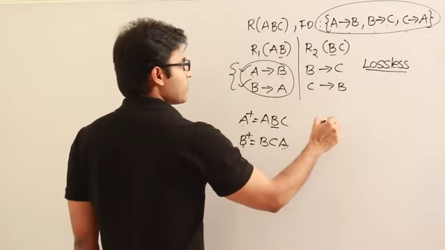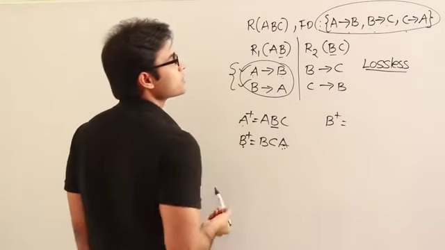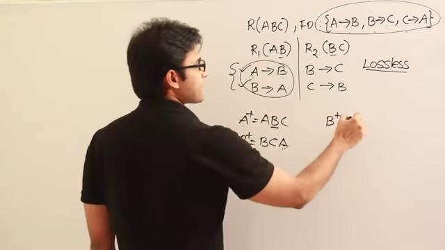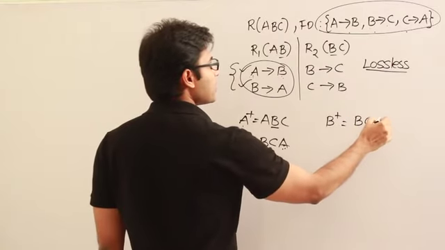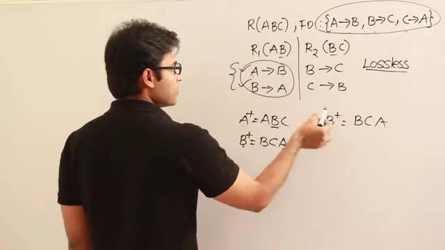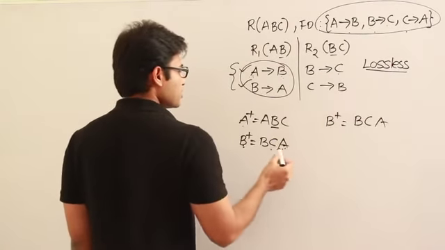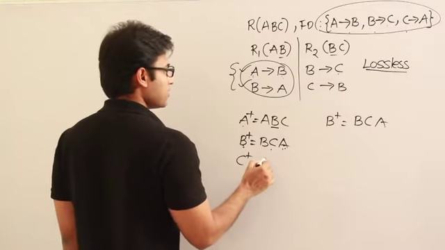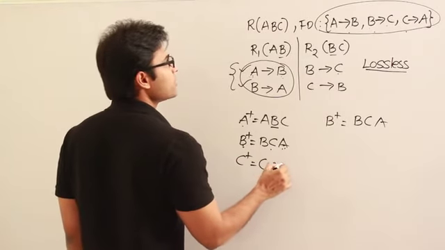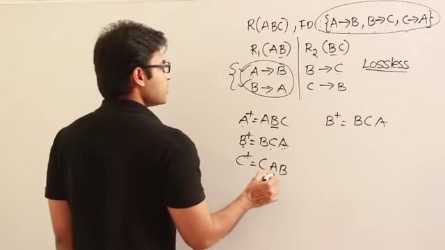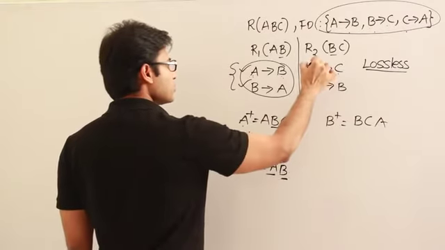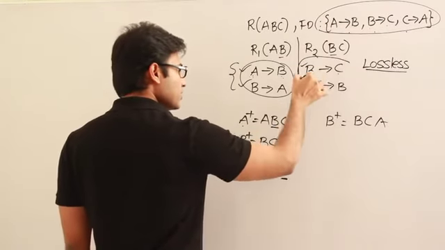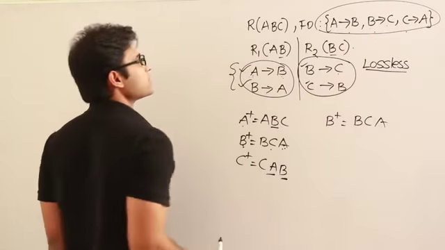B plus: if I find B plus, it gives us B, then C and then A. Yes, B plus already contains C, so it is possible. And what about C plus? C plus contains C, and because of C, A, because of A, B. So C plus contains B. Yes, these two are also possible. Therefore, this set is also possible on this, right?